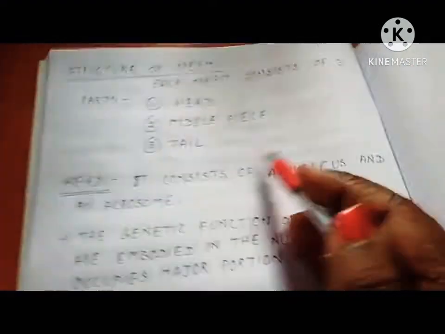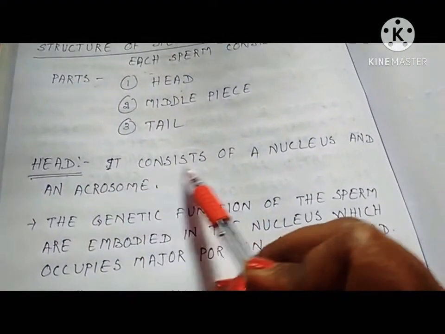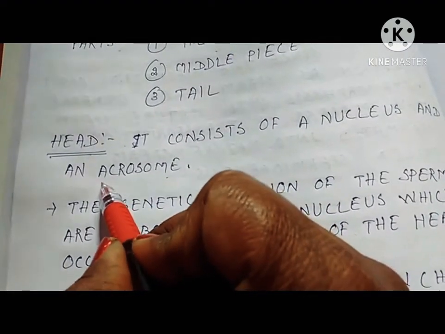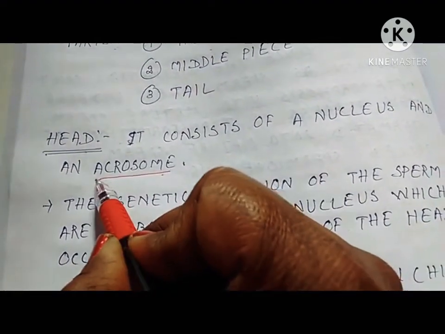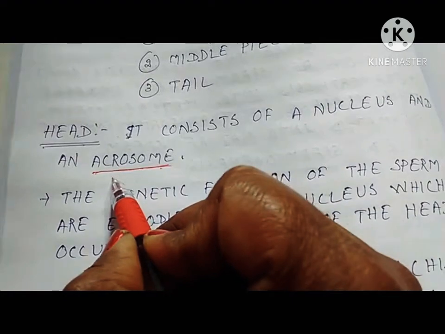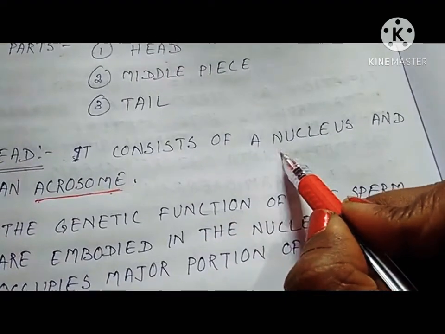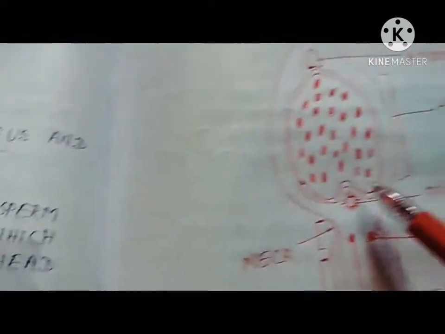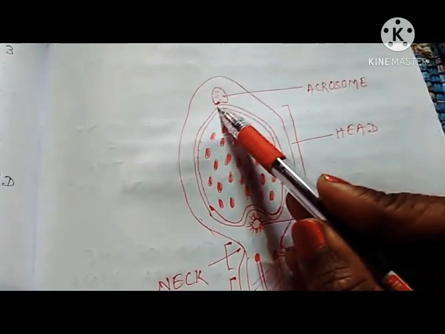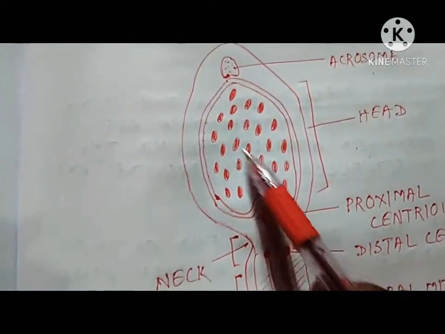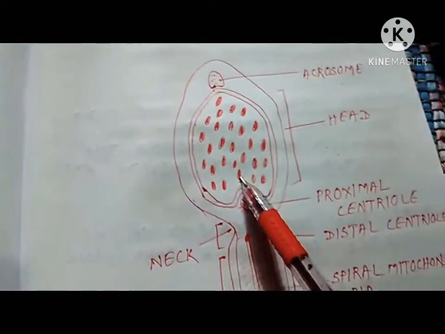Now let's discuss the head. It consists of a nucleus and acrosome. The head of the sperm has two major components, an acrosome and a nucleus. In the diagram, this is the acrosome and this structure is the nucleus.